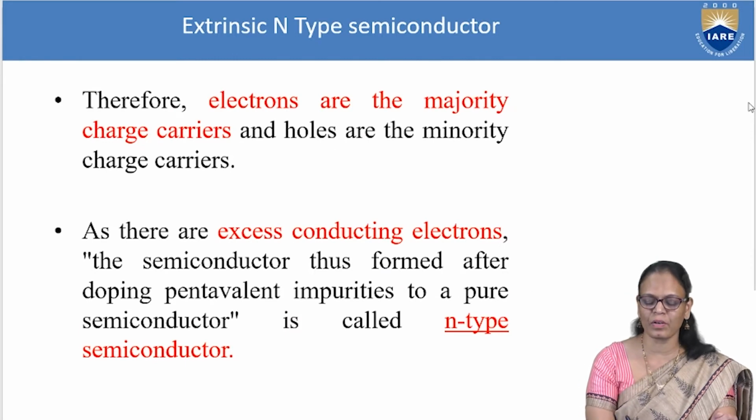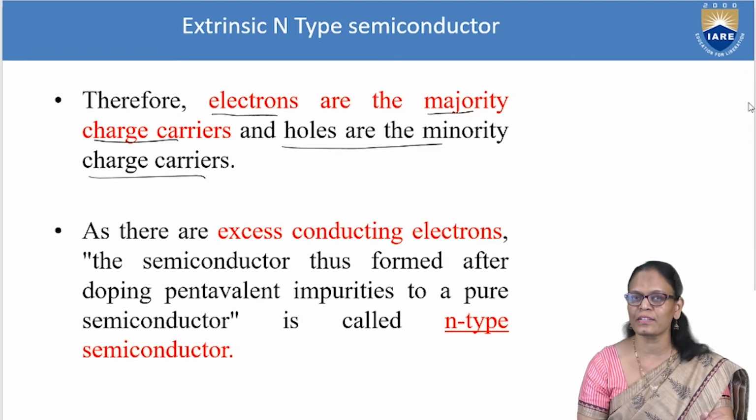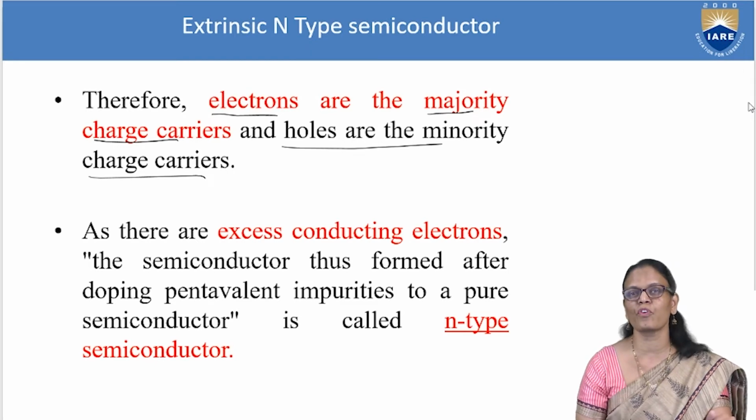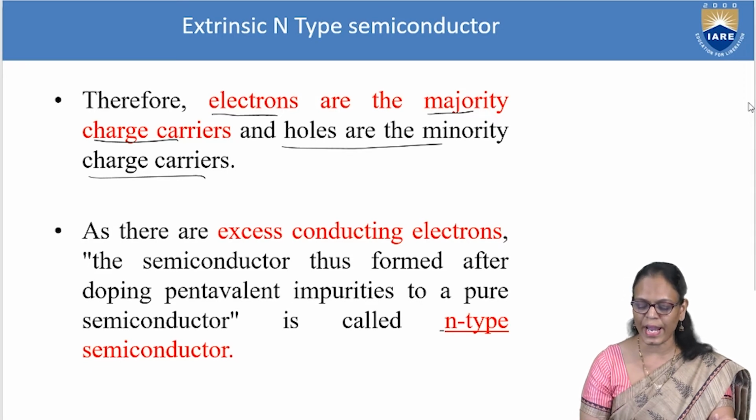So what happens now here? Electrons are the majority carriers and holes are the minority carriers. And as there are excess conducting electrons, the semiconductor thus formed by doping pentavalent impurities, we call it an N-type semiconductor.